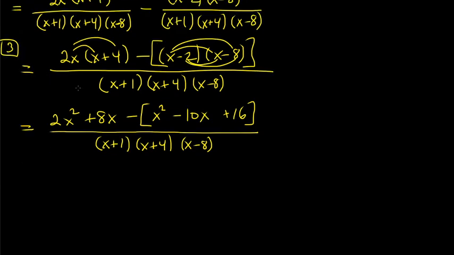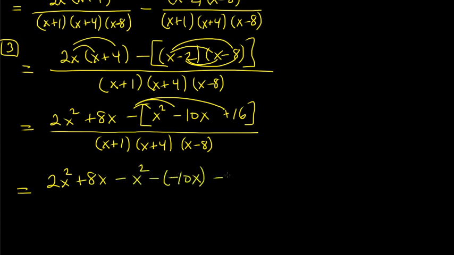And now don't forget to distribute the negative here. That's one thing a lot of students have trouble with. So be very careful. You're subtracting the whole thing. So you're subtracting the x squared, you're subtracting a negative 10x, and you're subtracting the 16. That really means you're adding 10x. It's a negative times a negative, which is positive. Minus a positive is a negative.